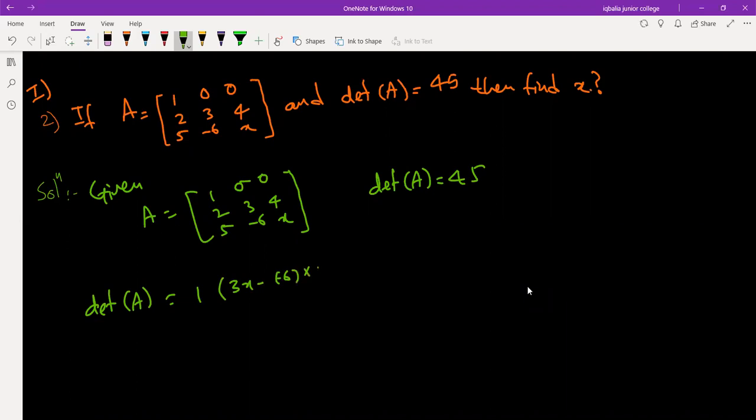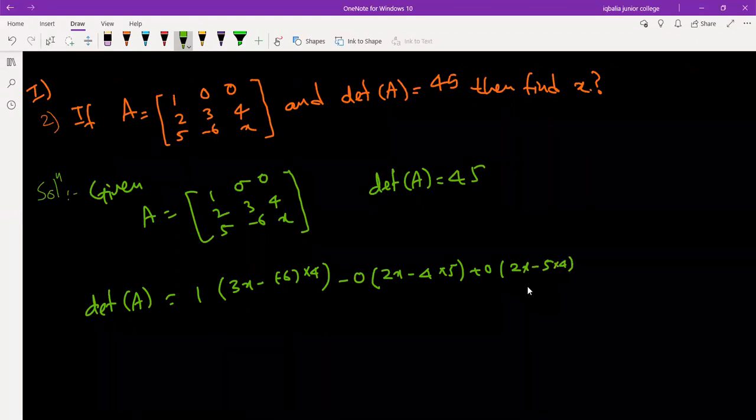minus 6 into 4, minus 0 into 2x minus 4 into 5, again plus 0 into 2x minus 5 into 4.